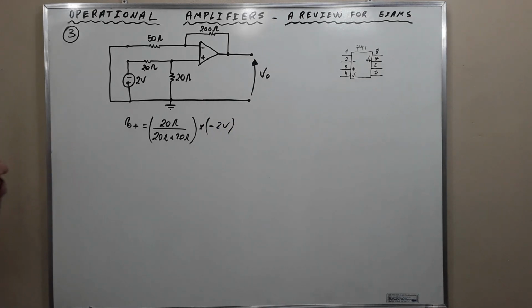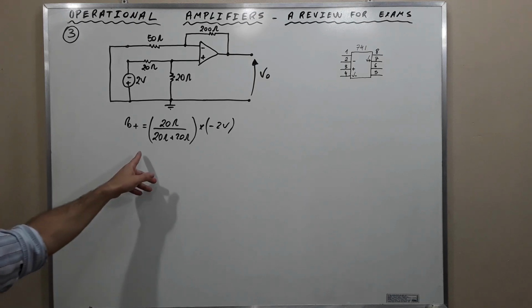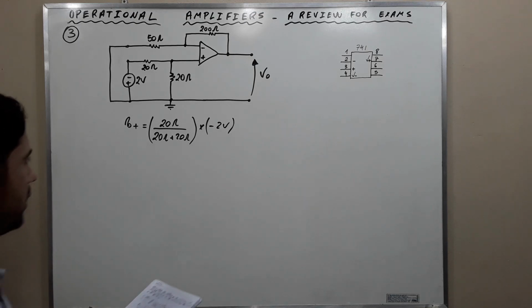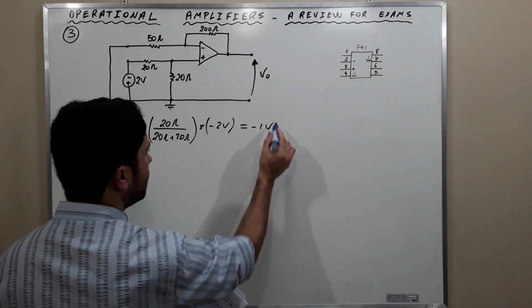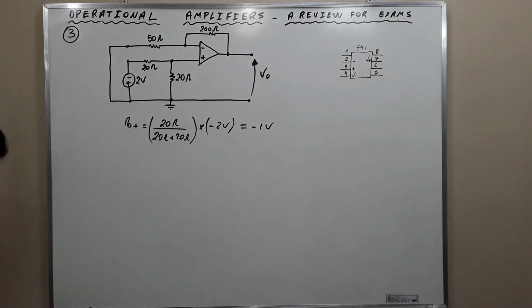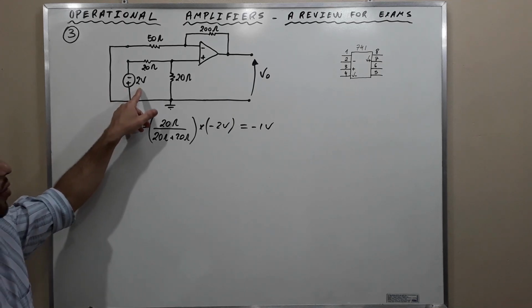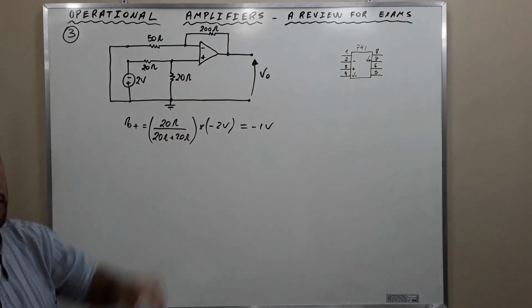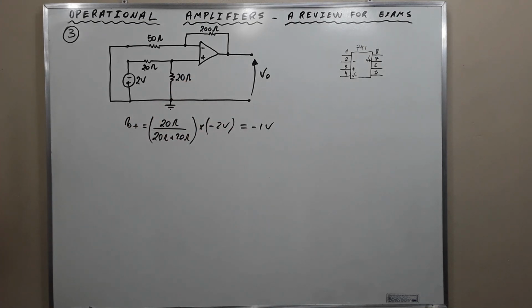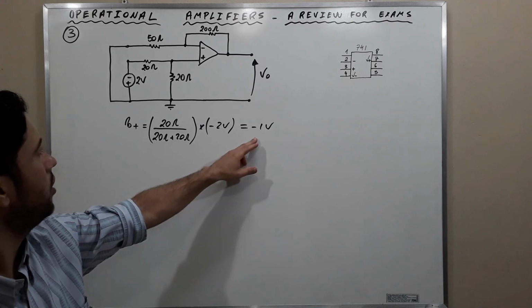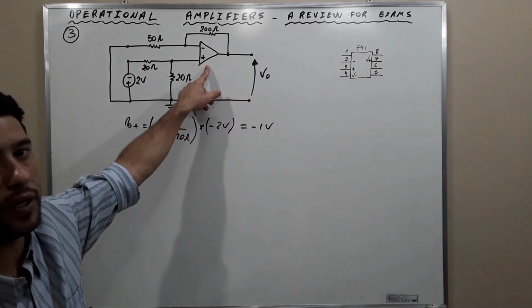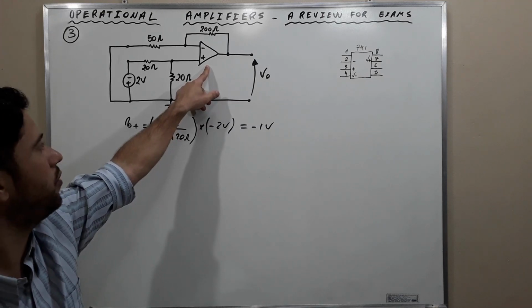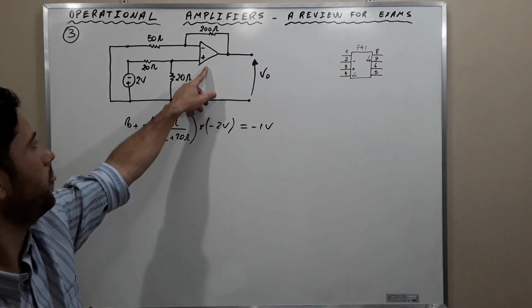Okay? Could you guys understand? And if we carry out, we find that it is negative 1 volts. Alright? So, it is not 2 volts that is being applied here. It is negative 1 volts. Now that we already have this, we can calculate VO, and remember that we are dealing with the non-inverting configuration, okay?